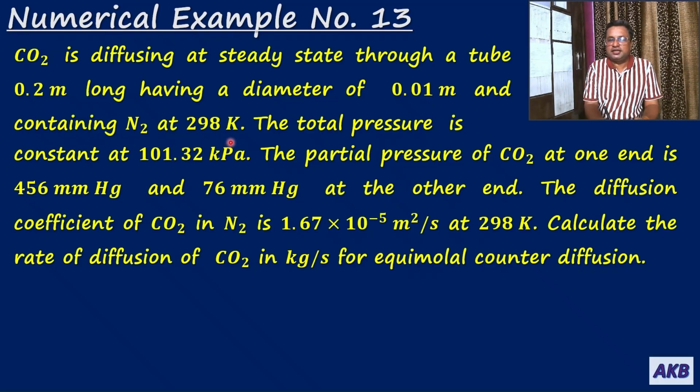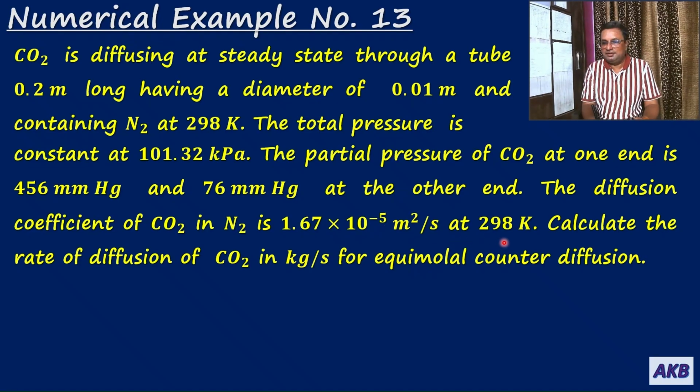Temperature is 298 Kelvin. The total pressure is constant at 101.32 kilopascal. The partial pressure of CO2 at one end is 456 mm of Hg, and at the other end it is 76 mm of Hg. The diffusion coefficient of CO2 in N2 is 1.67 × 10^-5 meter square per second at 298 Kelvin.